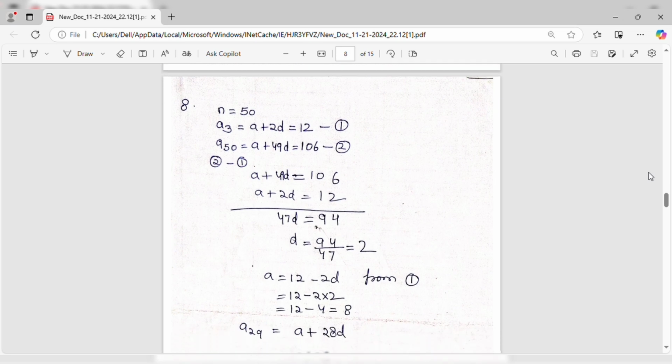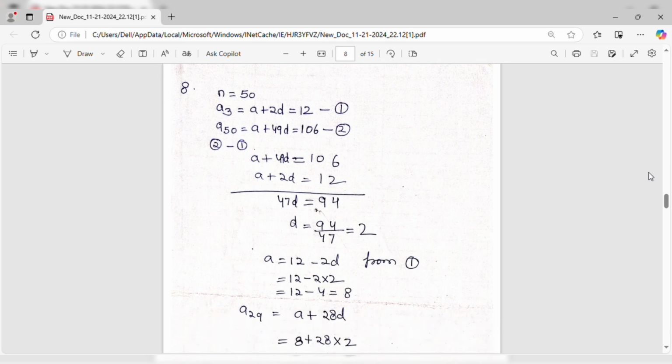Eighth question. An AP consists of 50 terms, of which the third term is 12 and the last term is 106. Find the 29th term. So here we are given n, the third term, and the last term, which is the 50th term. We have to find the 29th term.